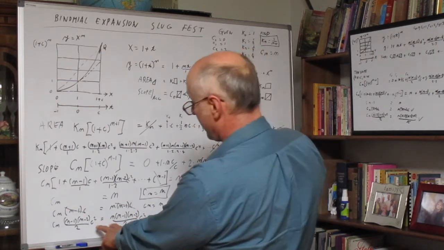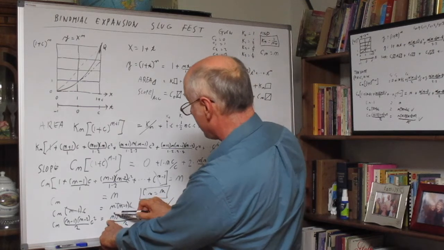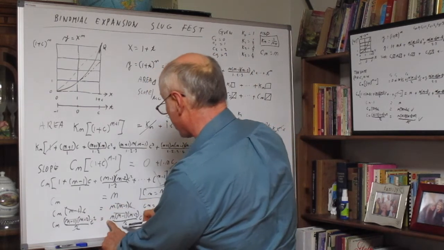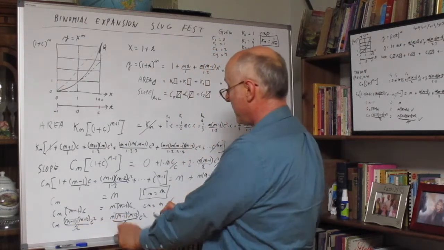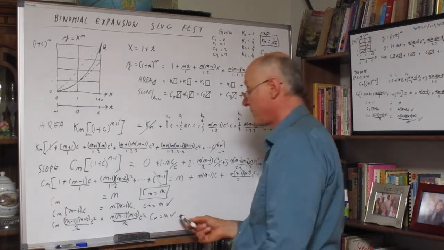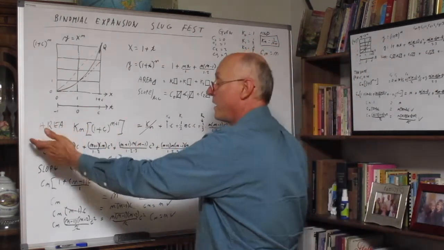Well, guess what? Everything cancels out except this n. There you see it. The 2 cancels out. So you're left with this n. C sub n is equal to n. Redundant information. Similar structure to what we've had for area.